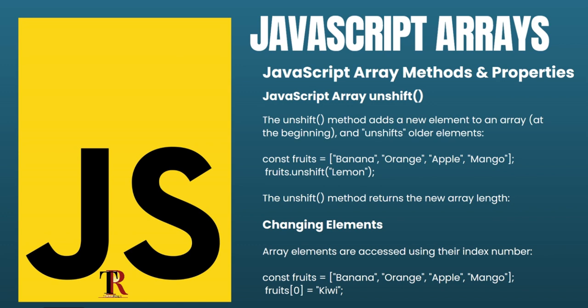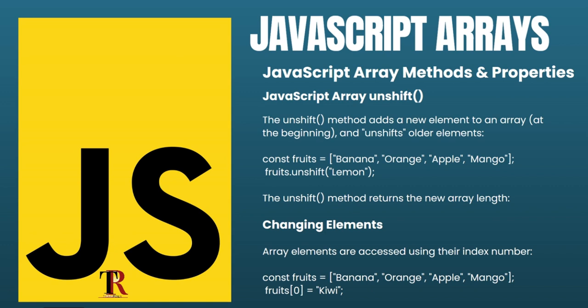Also, the shift method returns the shifted out value, which means that you can view the value that was removed from your array. We saw examples that demonstrated how the shift method removes the first array element and shifts all other elements to a lower index.